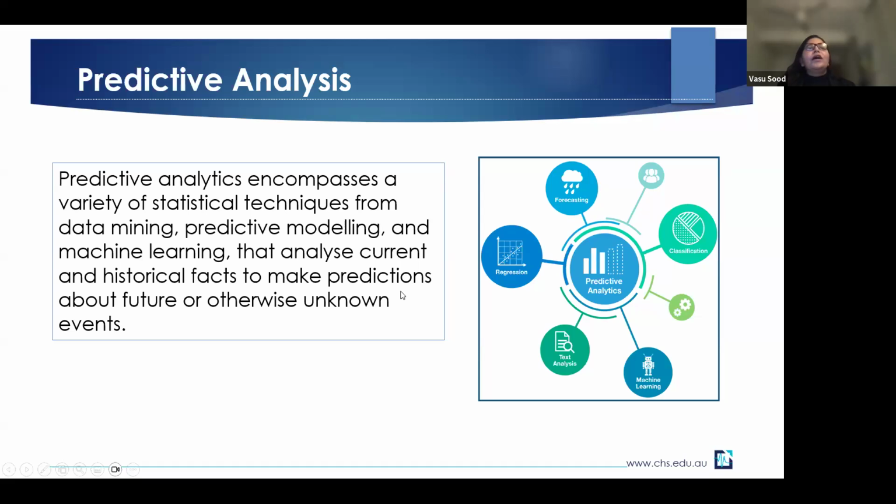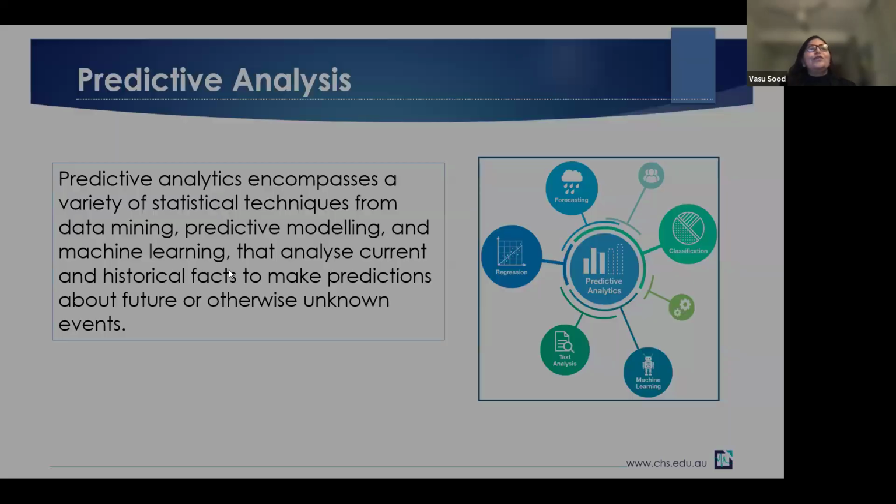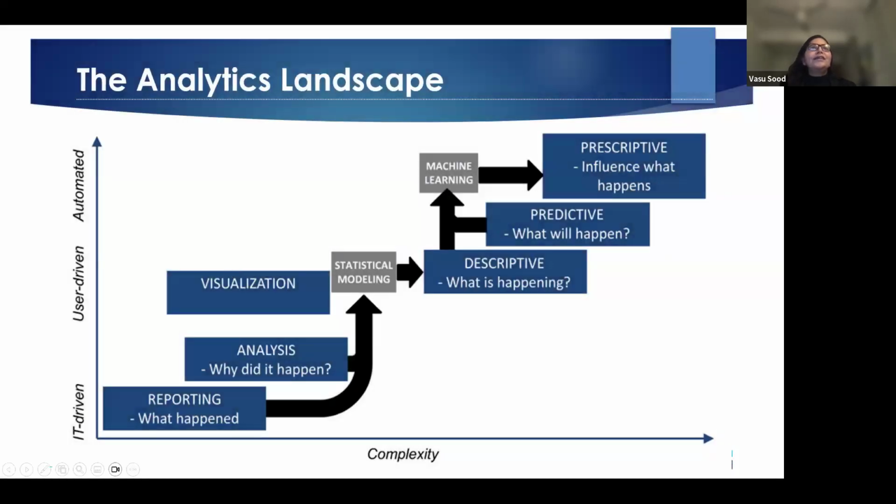Moving further, we have a summarization of various types of analytics. With the help of data, we can do descriptive analytics, predictive analytics, prescriptive analytics, as well as cognitive analytics.